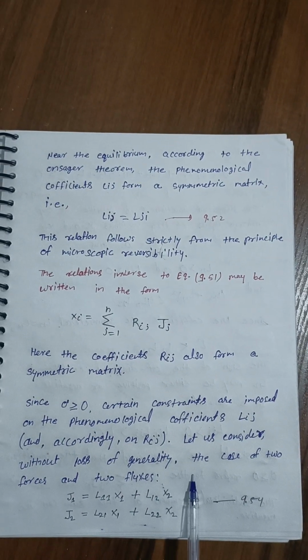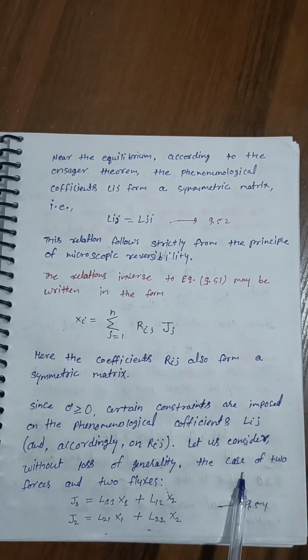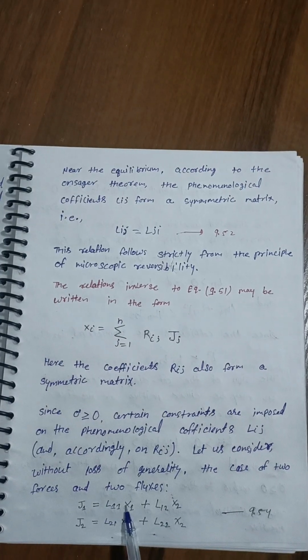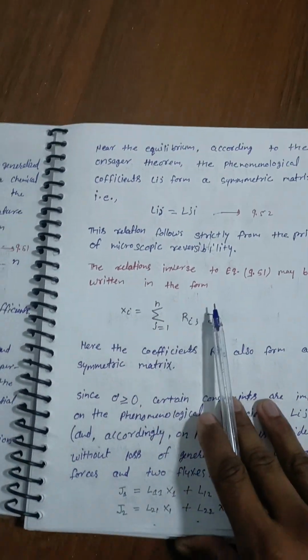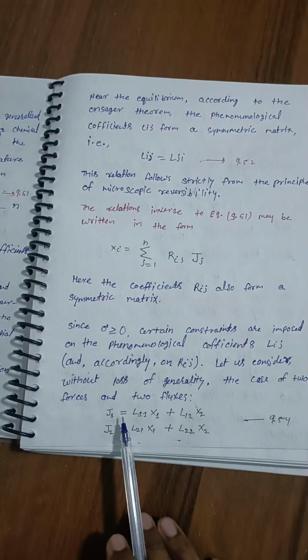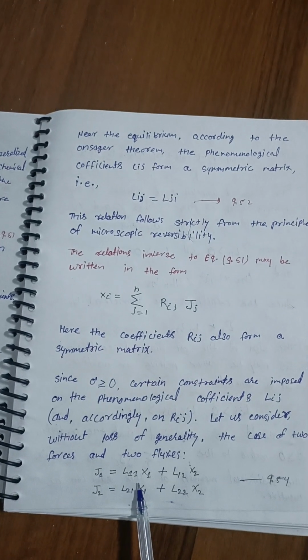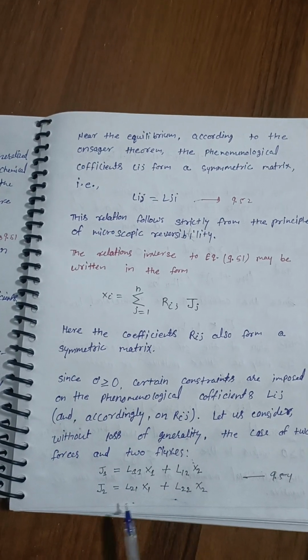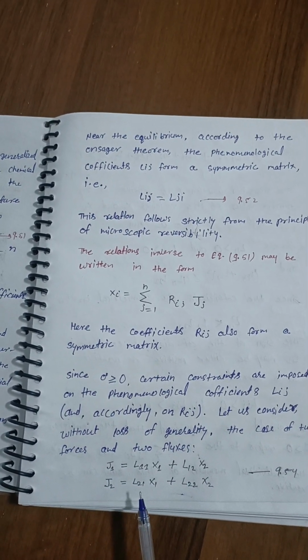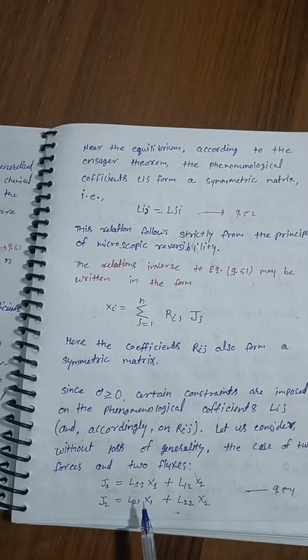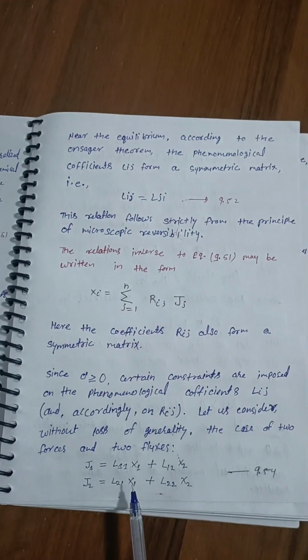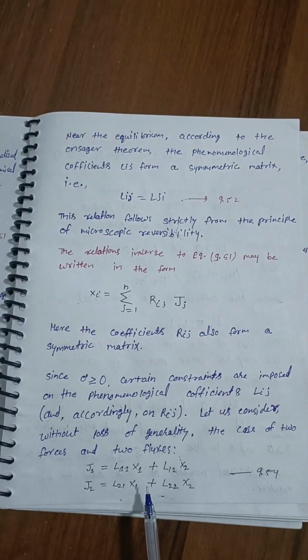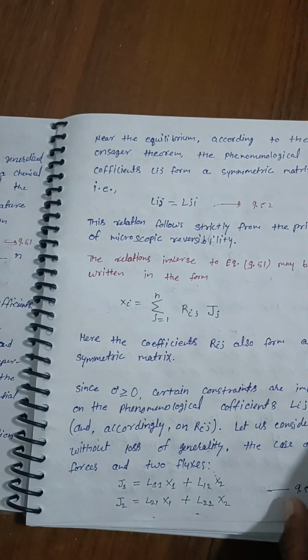Let us consider, without loss of generality, the case of two forces and two fluxes. J1 = L11 X1 + L12 X2. J2 = L21 X1 + L22 X2.